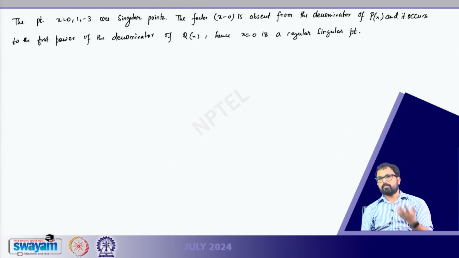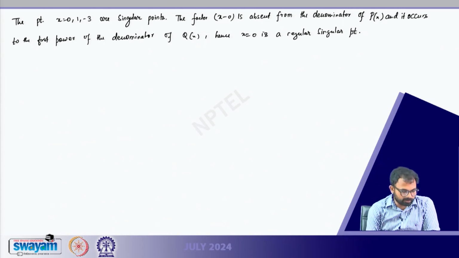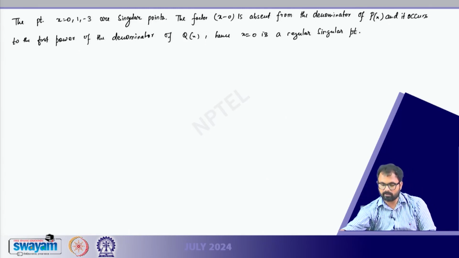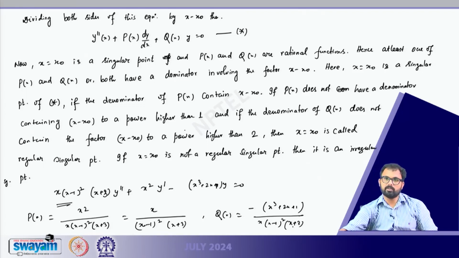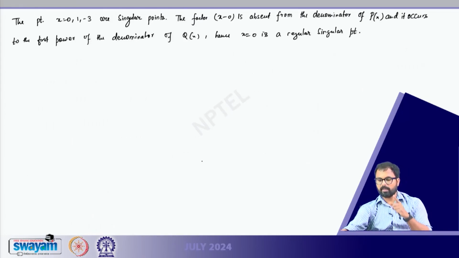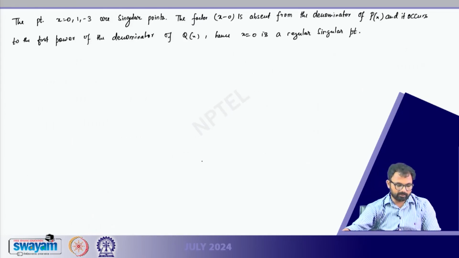Right. So, this is how we determine the regular singular point, whereas x equals to 1, that is x minus 1, that factor is still present here. Where is that? Here in Px with power more than 1, and similarly it is present in Qx. So, then x equals to 1 is basically irregular point.